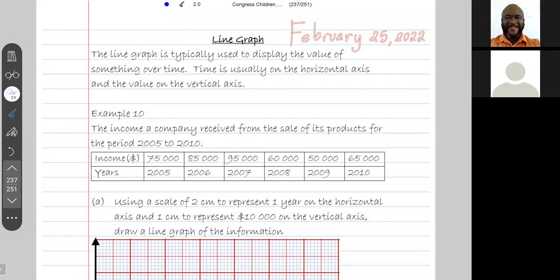All right, let's have a look at this question. This says the income a company received from the sale of its product for the period 2005 to 2010.